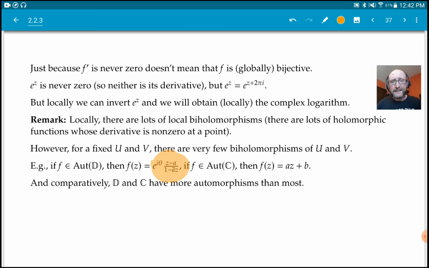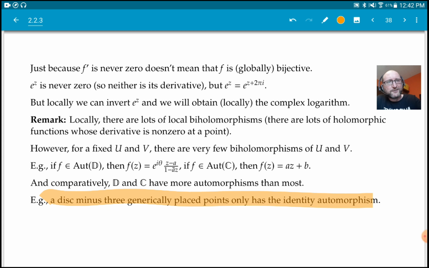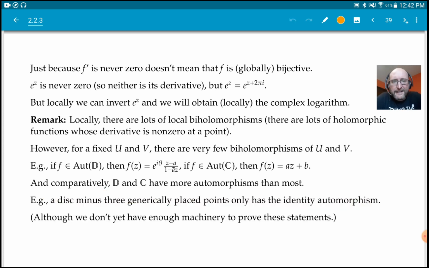But for holomorphic ones, there's very few. For example, if you take a disk and remove 3 generically placed points, then only the identity is an automorphism. There's always an identity automorphism, of course.